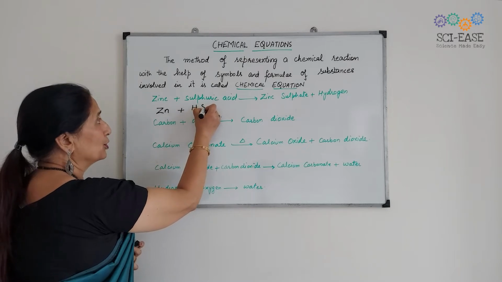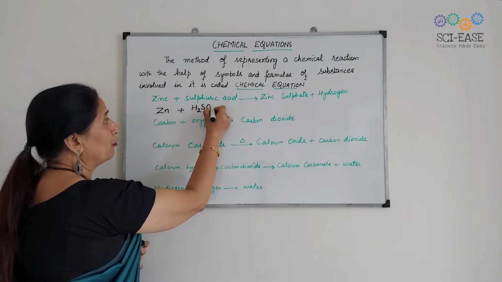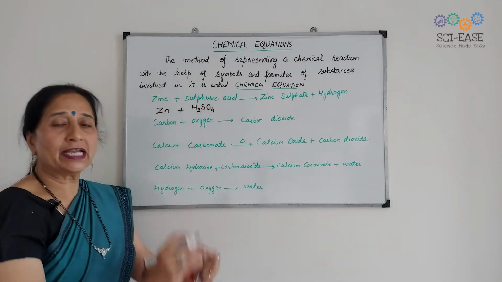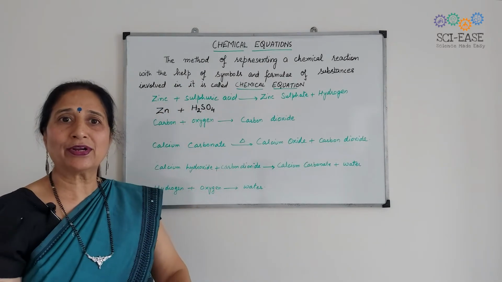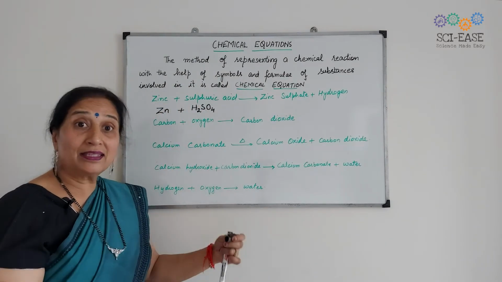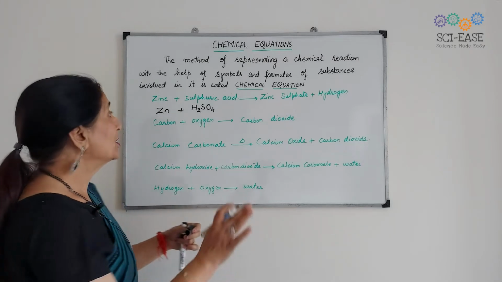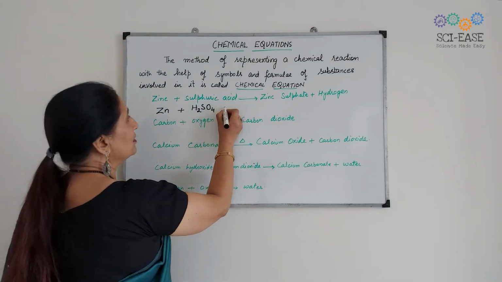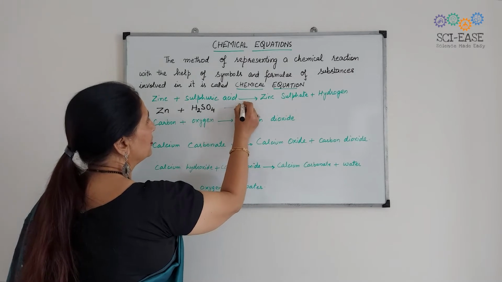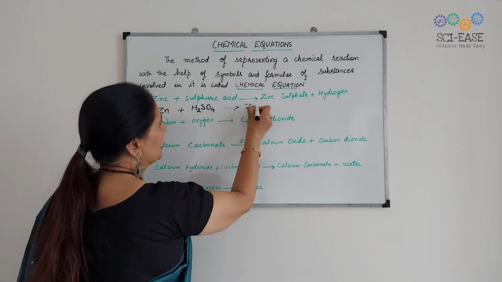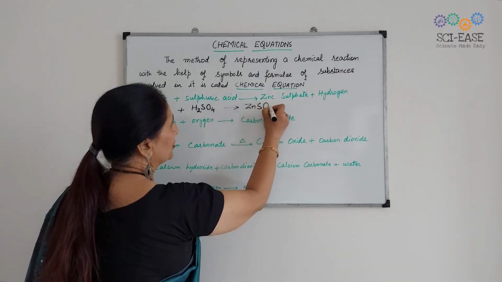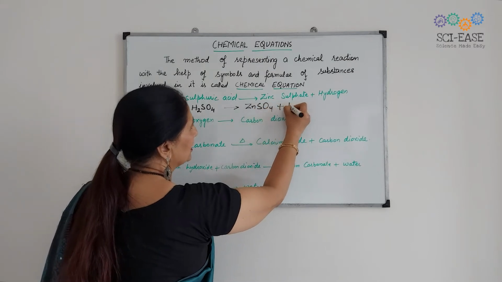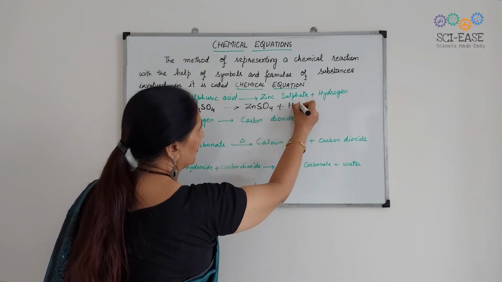H2SO4. You should know the formulae of sulfuric acid, nitric acid, hydrochloric acid, carbonic acid. They are commonly used, so you should know them. This will result in the formation of zinc sulfate, ZnSO4, plus hydrogen gas.